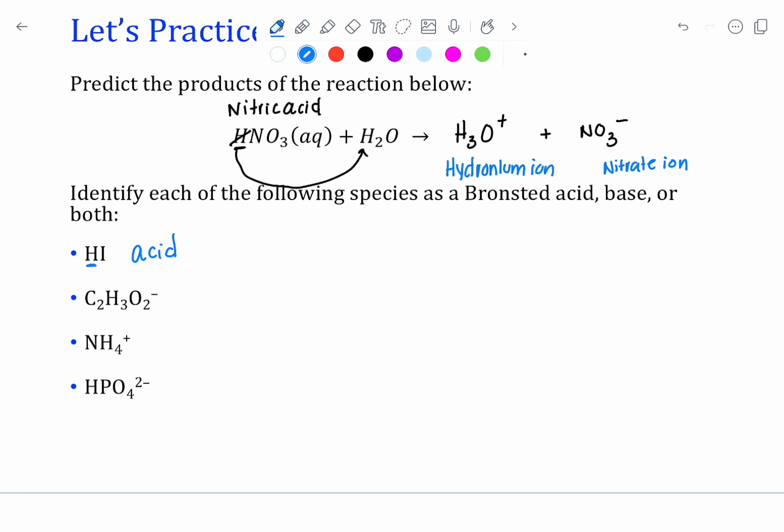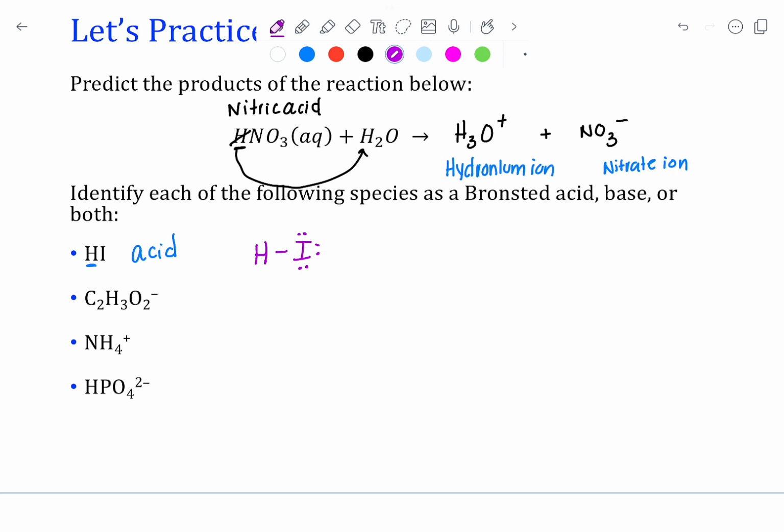If we look at our structure of hydroiodic acid, we know that iodine has 3 lone pairs and only prefers to make 1 bond. So there's no additional place for that hydrogen to go if we were to accept it. So hydroiodic acid would not act as a base.